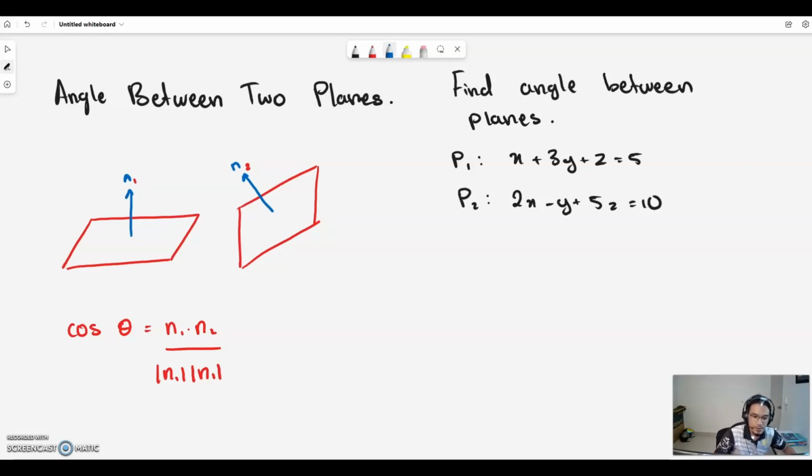So for P1, n1 is equal to i plus 3j plus k, and for P2, n2 is equal to 2i minus j plus 5k.